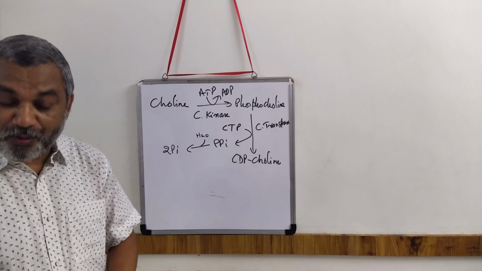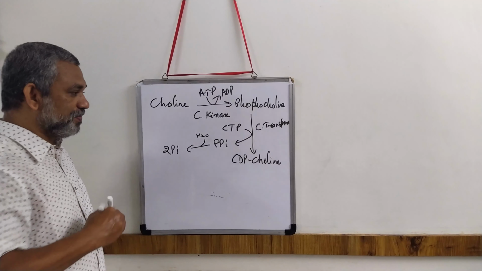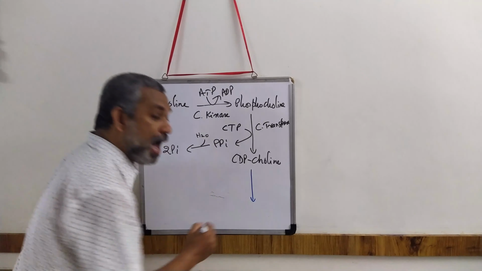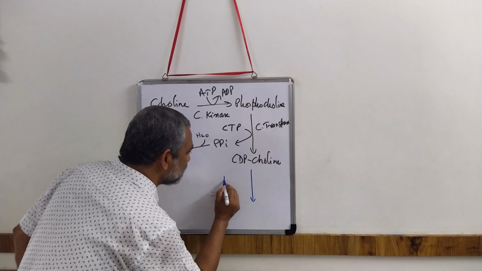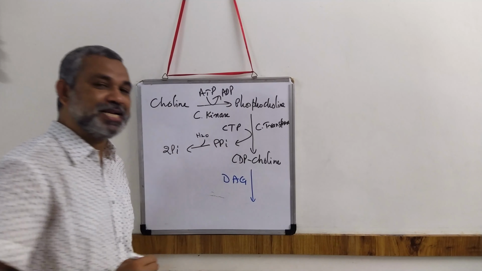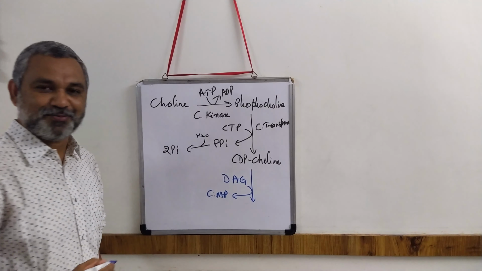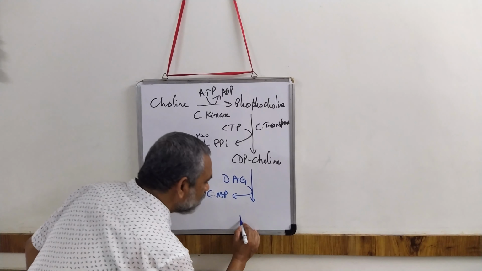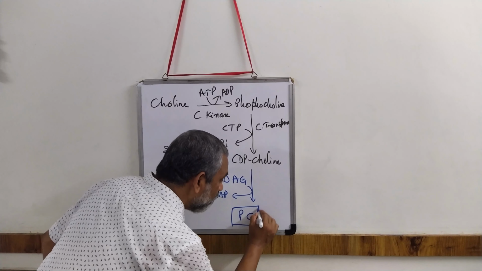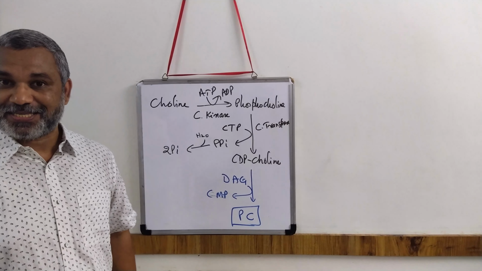Once you have CDP choline, the third step is to add diacylglycerol. CMP is removed and phosphatidylcholine is synthesized.